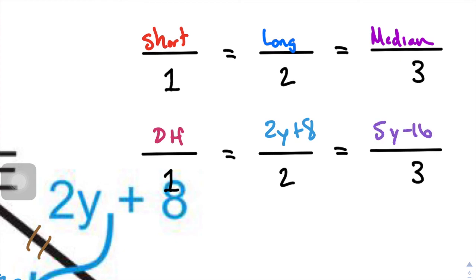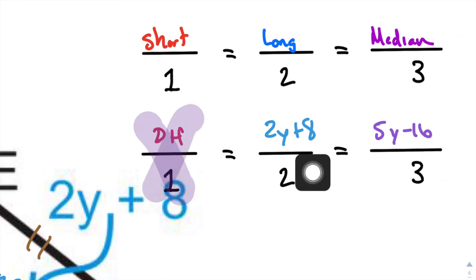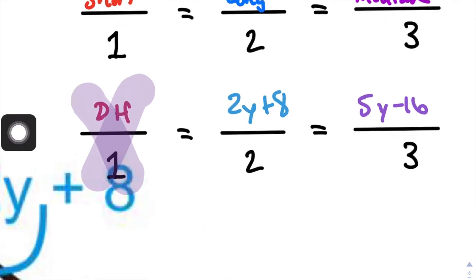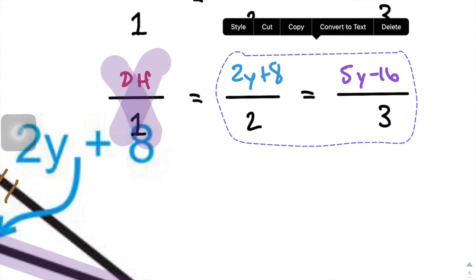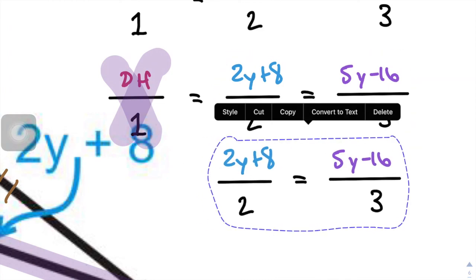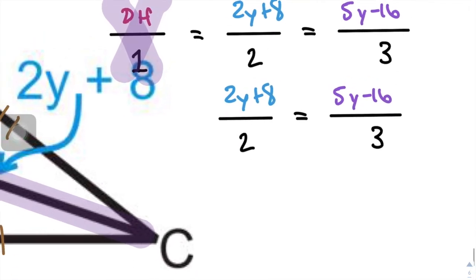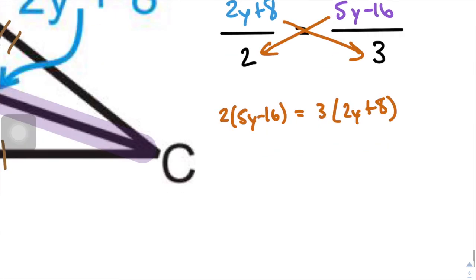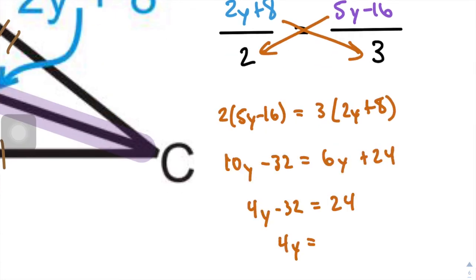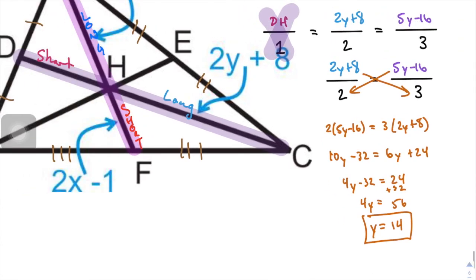Now that allows me to eliminate this particular fraction and then work with only these two to solve for y, because that's what I'm looking for here. So I'm going to copy that, set it separate, and solve. Remember, you're going to have to cross multiply here. So y turns out to be 14 for this problem.